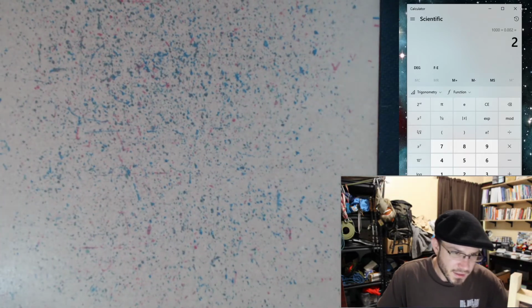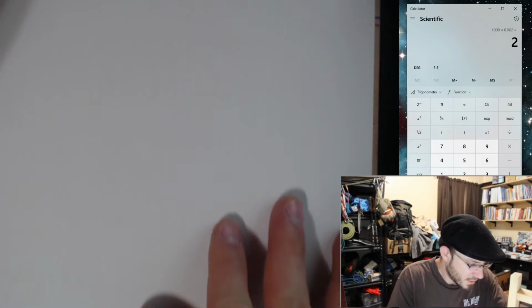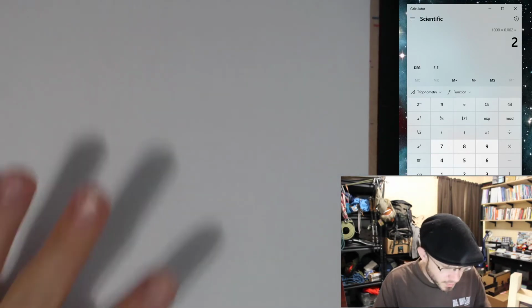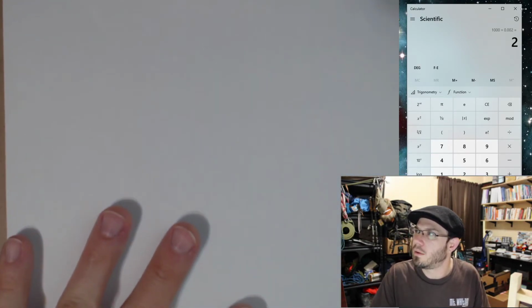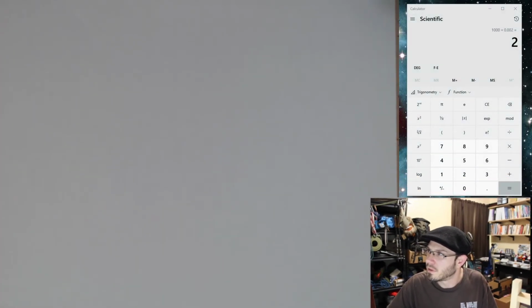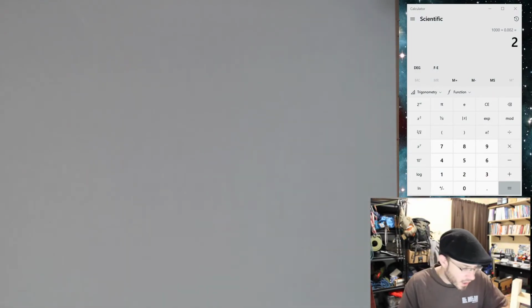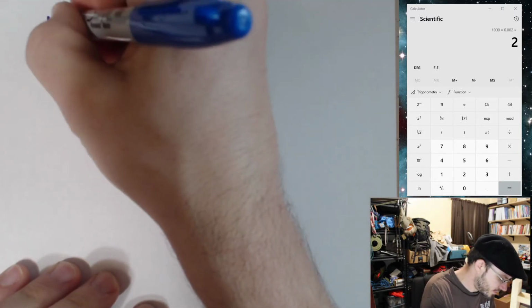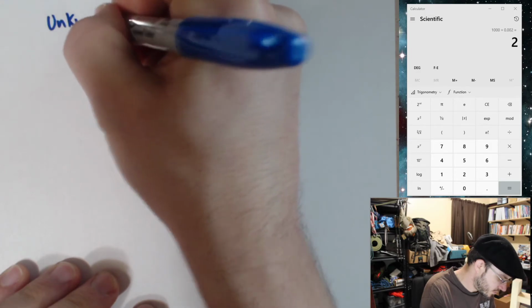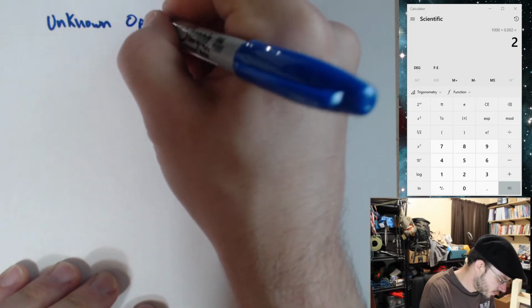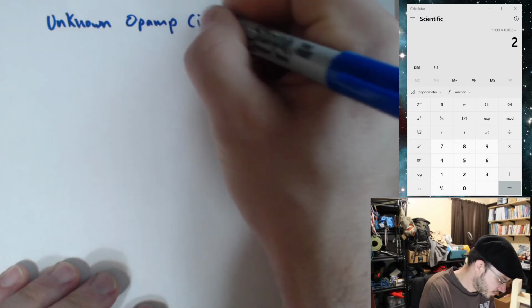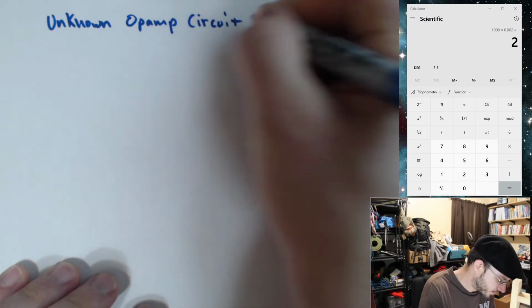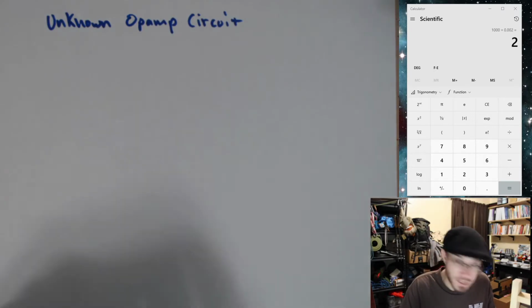Okay, let's do an op-amp circuit that we don't know what it does. It doesn't have a name. I'm making this one up. It's the unknown op-amp circuit. I'm just going to make a mess here.